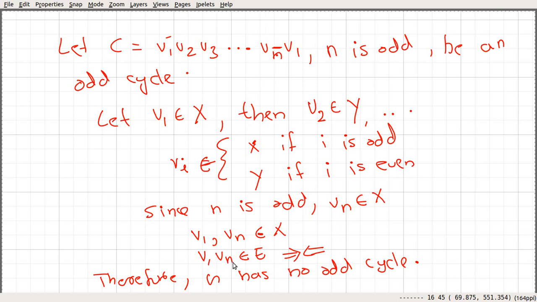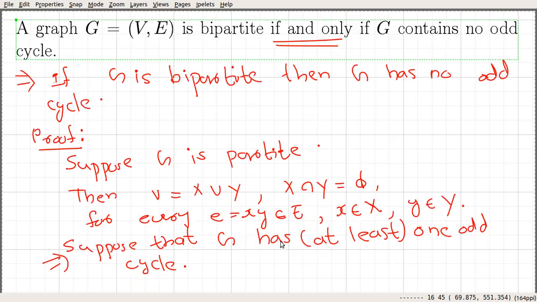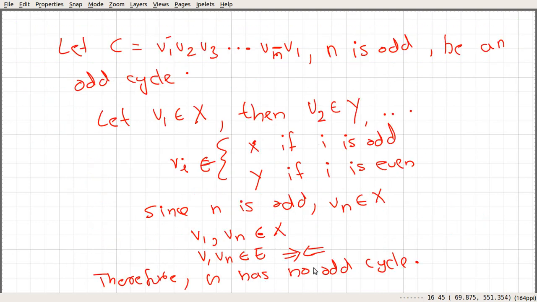V1 and Vn are in the same partite set, so we have this contradiction. We arrived here because of this assumption, and that says G has no odd cycle. So that is the first part.